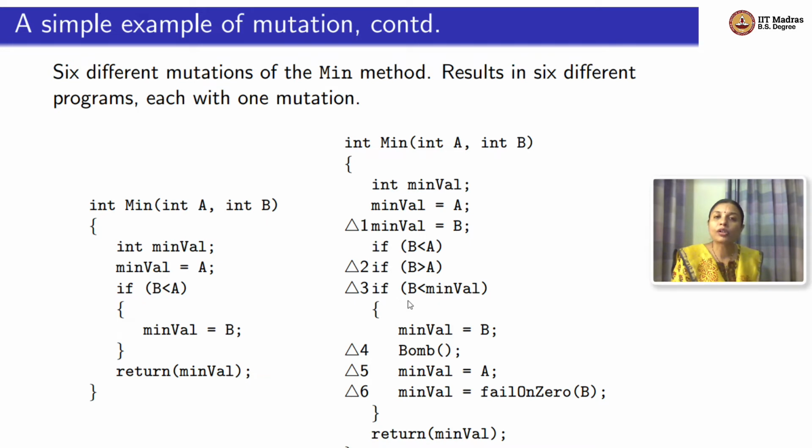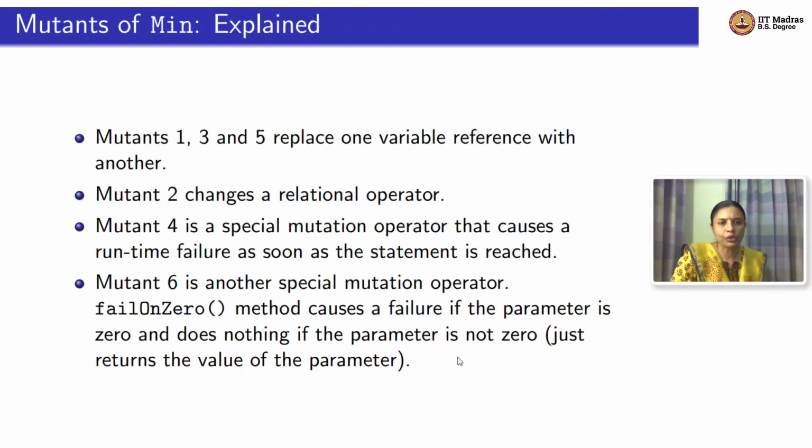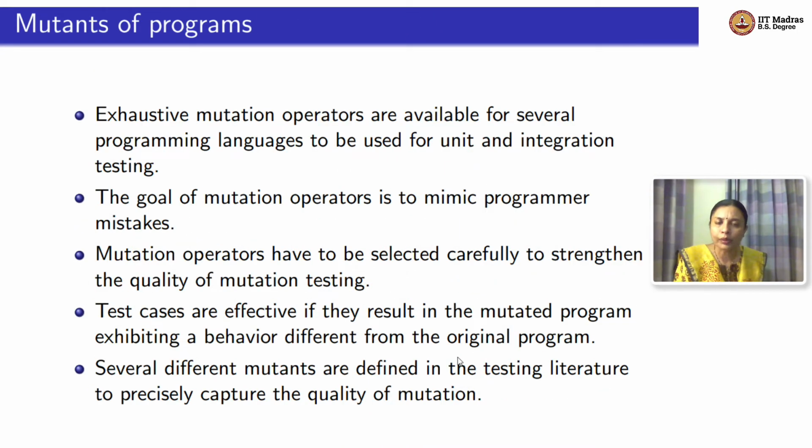To check for division by 0 errors, you could write special mutants like these fail on 0. To just check for reachability of a particular statement, you could write special mutants like these bomb statements. You could change arithmetic operators and so on. Several different mutation operators are available for typical programming languages.